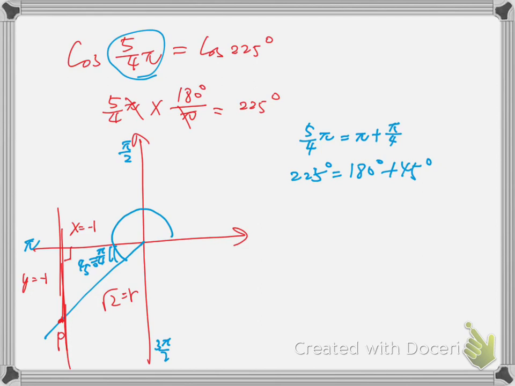Now what's cosine? Cosine is adjacent over hypotenuse of the reference angle 45, the acute angle in the right triangle with vertex at the origin. That's x over r, so this is -1 over radical 2.